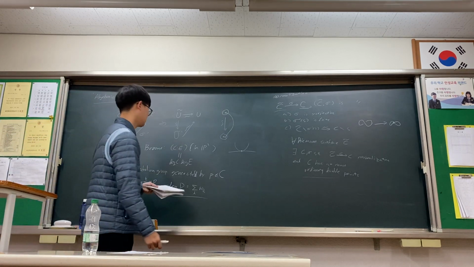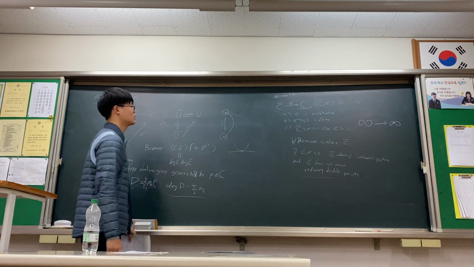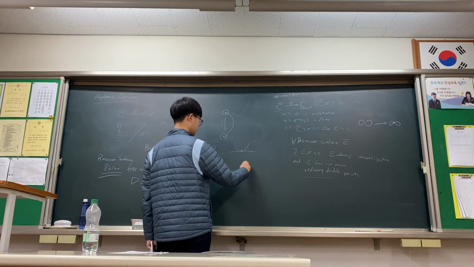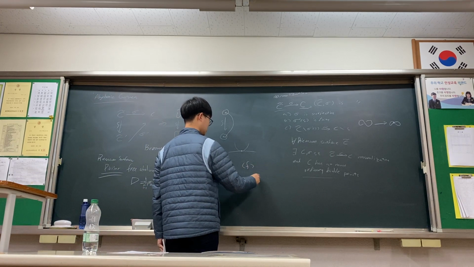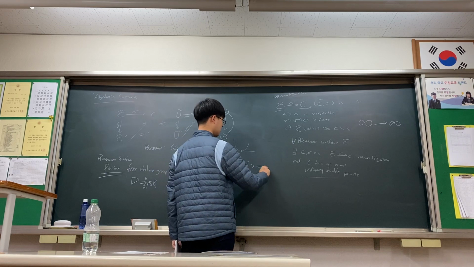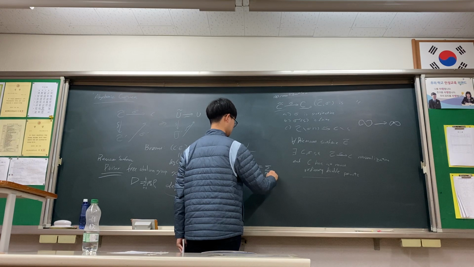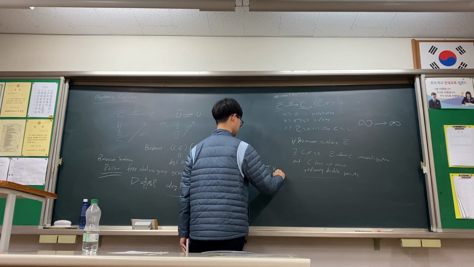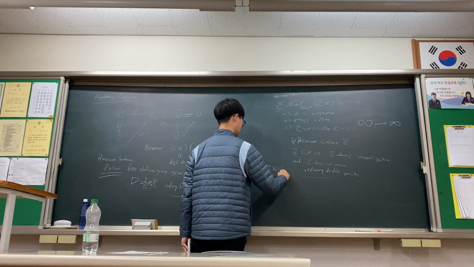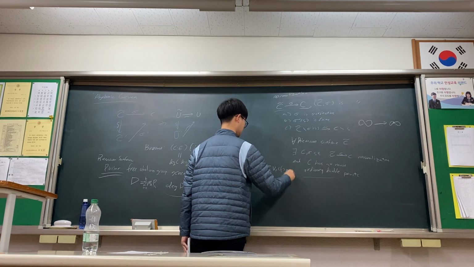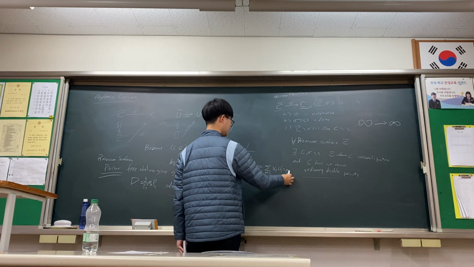With this in mind, we can see that a meromorphic function f will actually generate a divisor on C. So there's the order at P, and then we multiply.